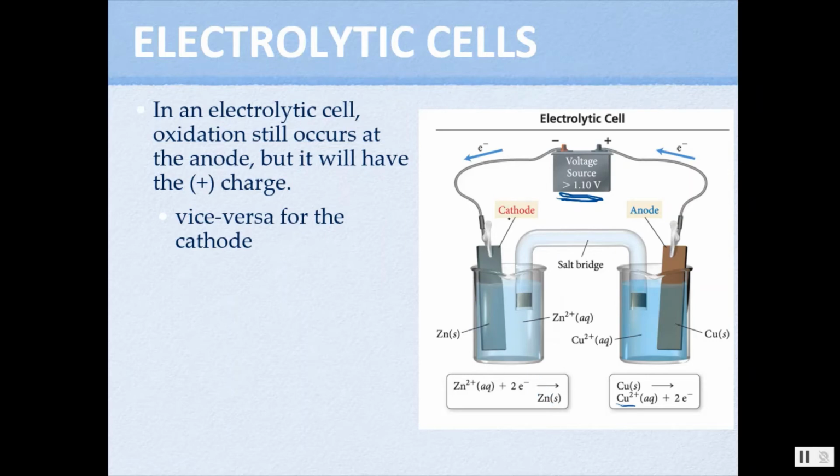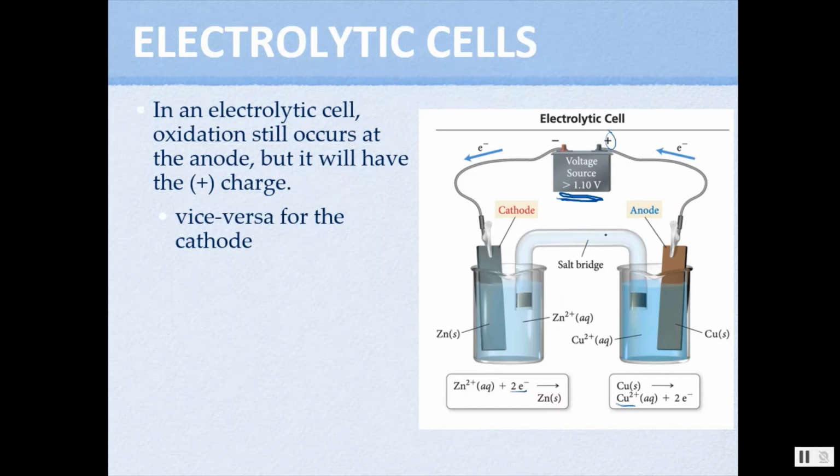So now what we see is the reverse reaction, and we're going to still label our anode and cathode. The cathode is still going to be where reduction occurs, and the anode is still going to be where oxidation occurs. But now if you notice, the anode is going to be at the positive end.